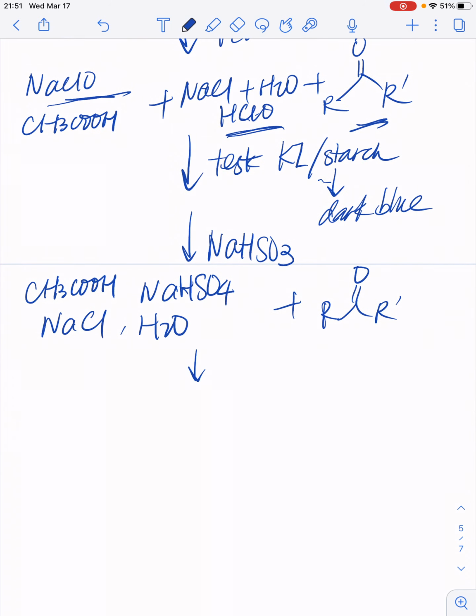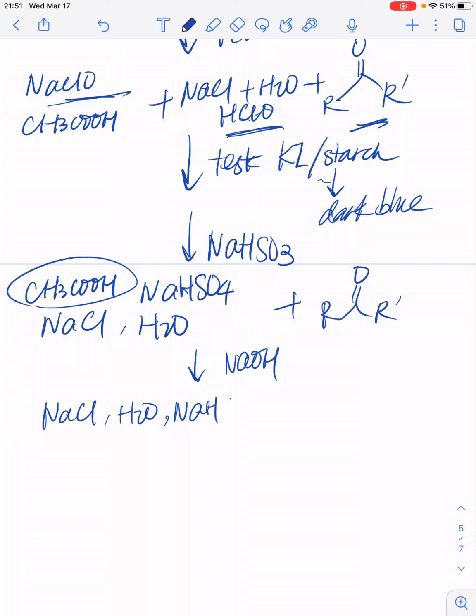We add a little bit of sodium hydroxide to neutralize our acid again, right? I'm going to carry all those down. H2O, sodium bisulfate, sodium acetate, and desired product.